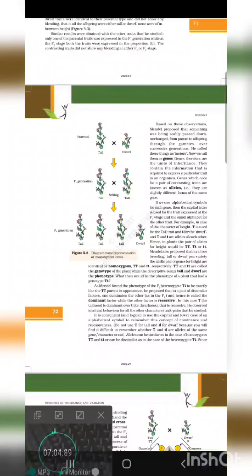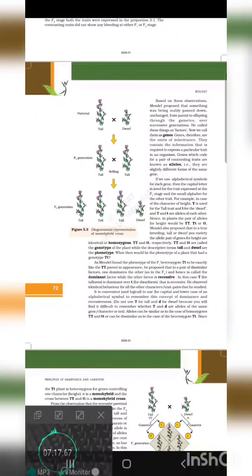For example, in the case of the character height, capital T is used for the tall trait and small t for the dwarf, and capital T and small t are alleles of each other.